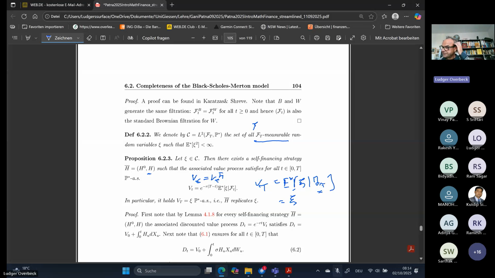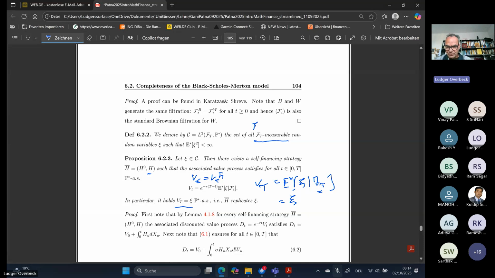So in this sense, this V_T is then a replicating portfolio, and actually the price, the value of this portfolio is always this expected value.